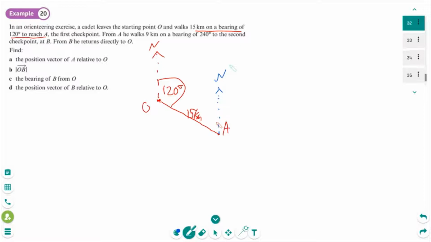This is 180, so that's going to be over here somewhere. So that angle is 240 degrees. We know this is 9 kilometers, and this is the point B.